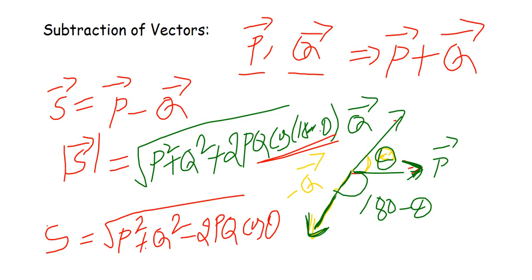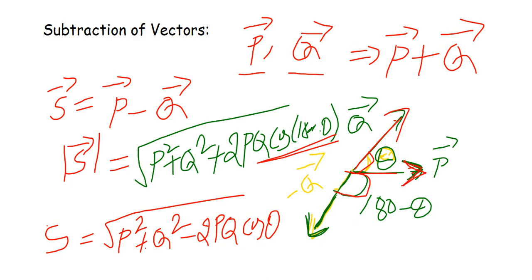Here we subtract the two vectors, and the angle between them is 180 minus theta. In addition, the vector P bar is positive and the vector Q bar is positive. But here that is not the case. Here the vector P bar is positive and this is minus Q bar.